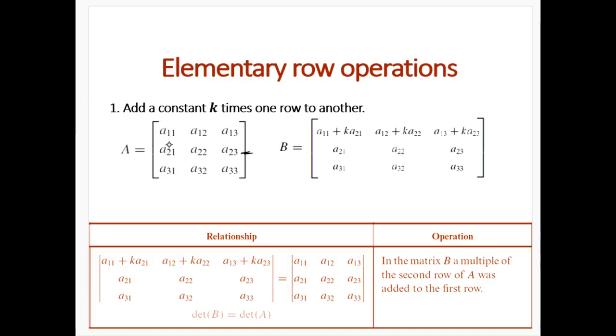Here we got k times A21, that's added up here to the first row, to the A11. You'll notice that that was done across. And so now they have the relationship that the determinant of B equals the determinant of A. You're going to want to remember these different elementary row operations, and then what kind of relationships between the determinants that forms. Let's look at an example with that one.